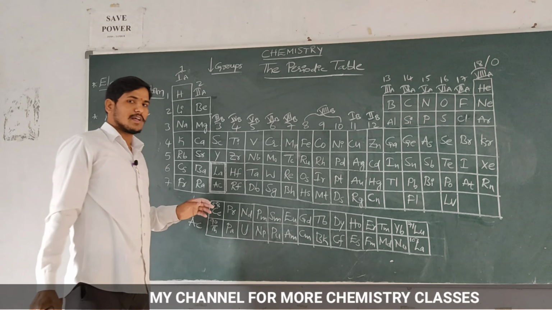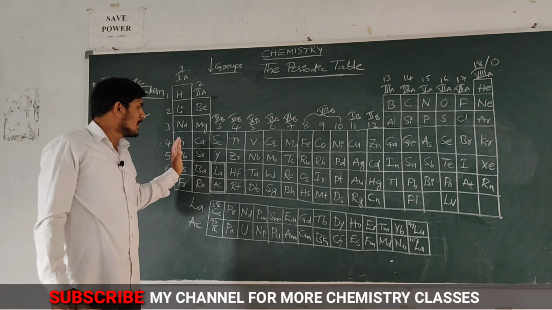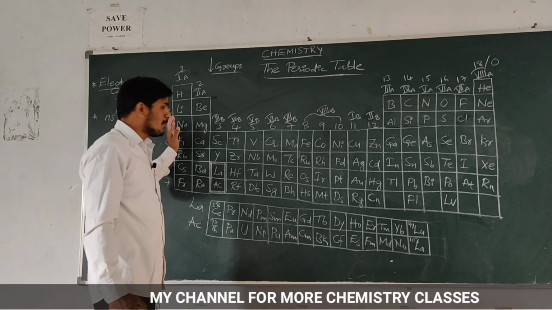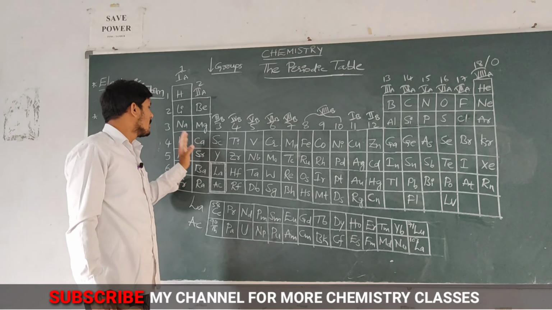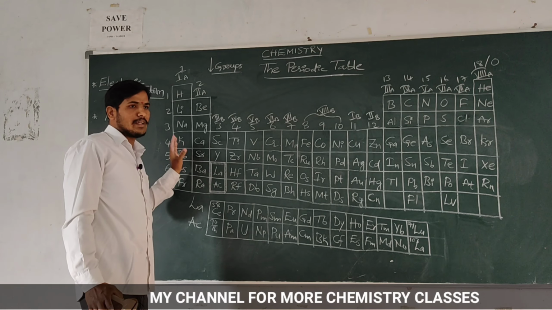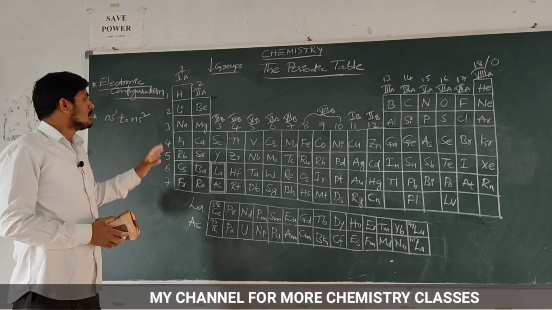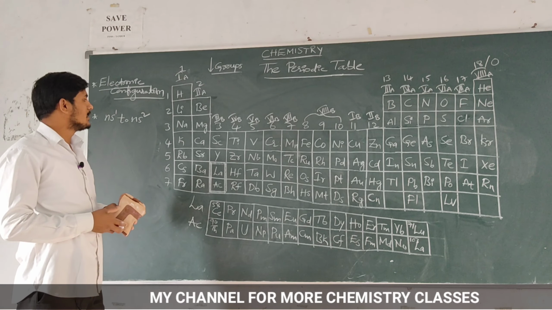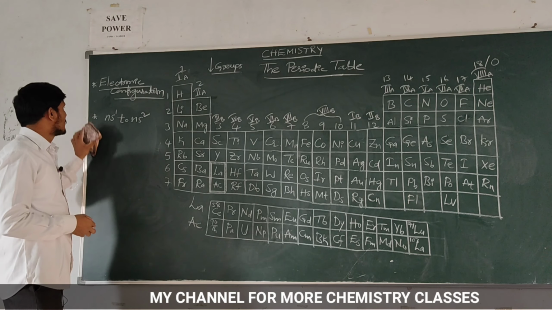S block elements are present on the left side of the periodic table. Here the first A group elements and second A group elements are present on the left side. This is the s block.